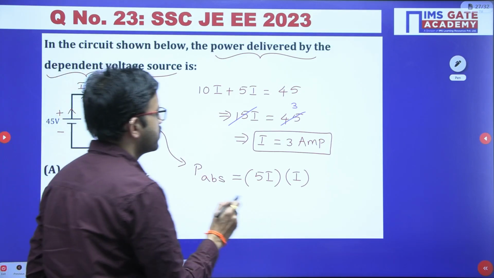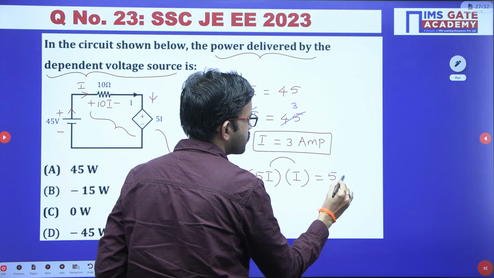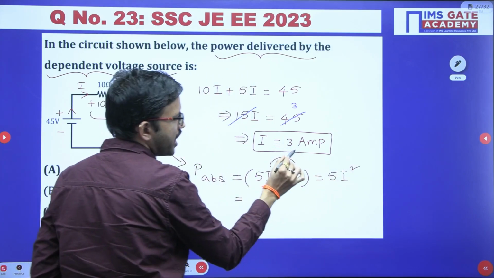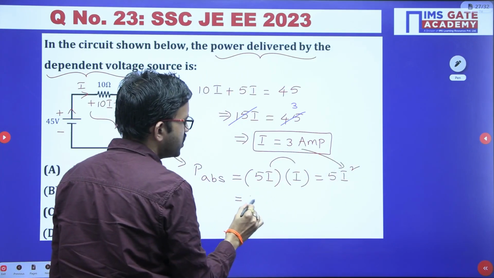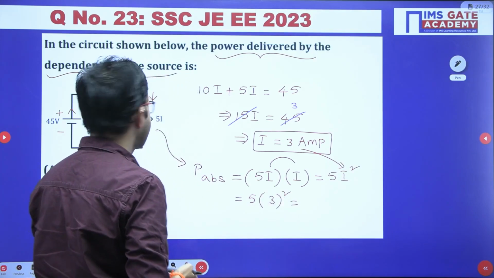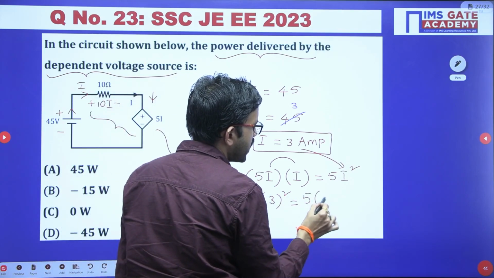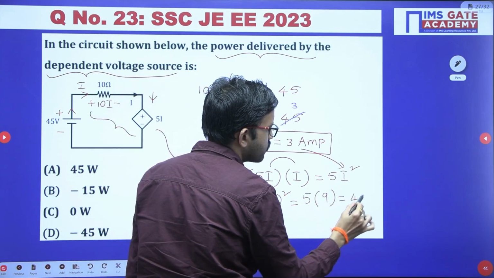So I into I is I square. Substituting I equal to 3, you get 5 into 3 square, which is 5 into 9, that is 45.